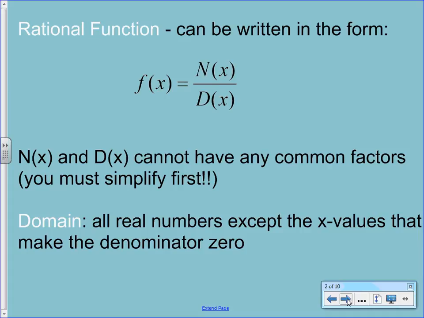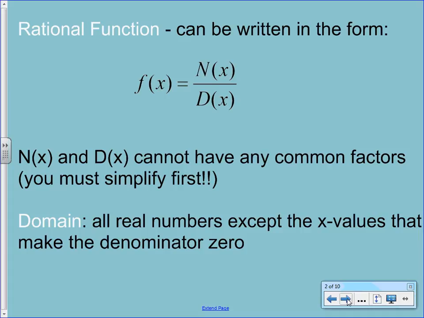What are some characteristics of a rational function? You graphed these last year in Algebra 2. When the denominator is 0, what does that cause graphically to happen? Undefined. And what does undefined look like graphically?